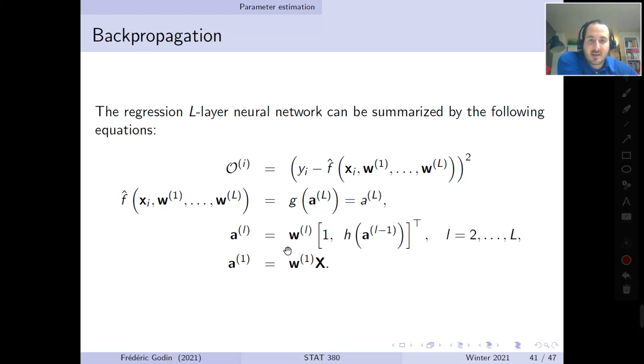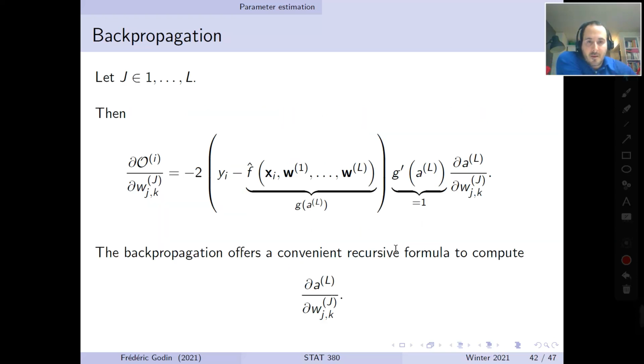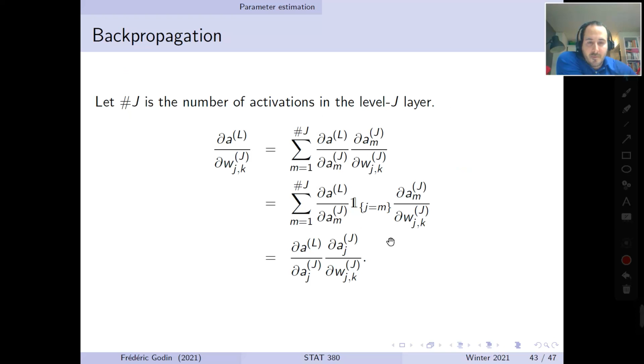This is how the activations are obtained sequentially. So it can be shown that the mth activation for the Jth layer depends on W_jk only when j is equal to m.